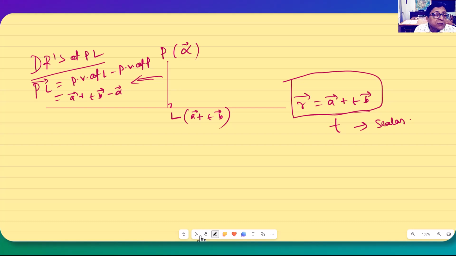Clear? You know it very well. PL vector is position vector of L minus position vector of P. Since PL is perpendicular to the line given.